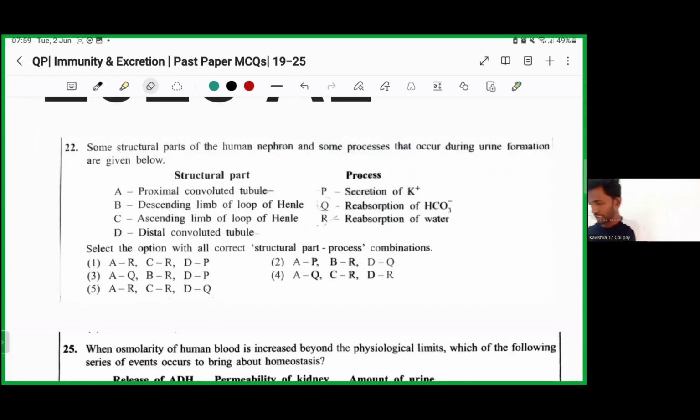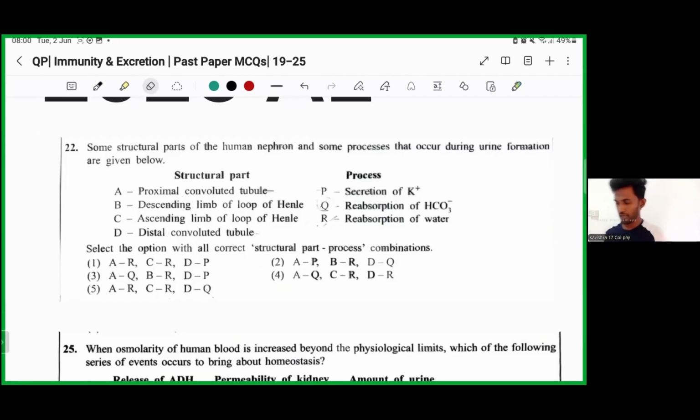At the distal tubule, passive water reabsorption can be increased under the influence of ADH hormone. So secretion of H plus and reabsorption of bicarbonate are also involved in pH regulation. So then D goes with P, right? But D can go with P, and reabsorption of bicarbonate Q can also go. Both 2 and 3 are possible.